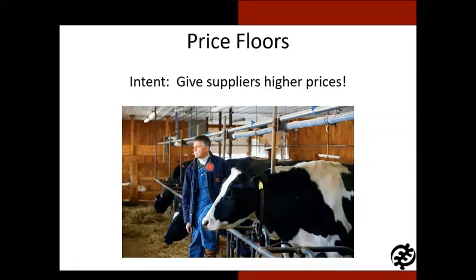So when NAFTA was negotiated, the North American Free Trade Agreement, Canada said, yeah, you ain't doing that. We're not taking American milk. Why? It's because of the New England Dairy Compact.